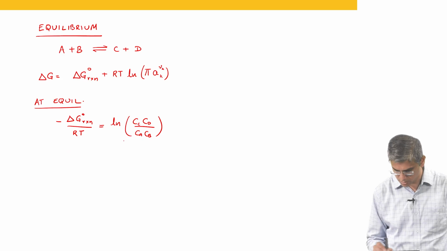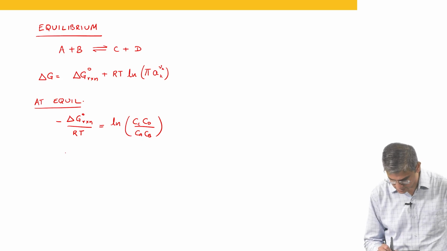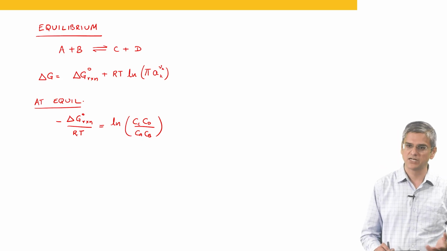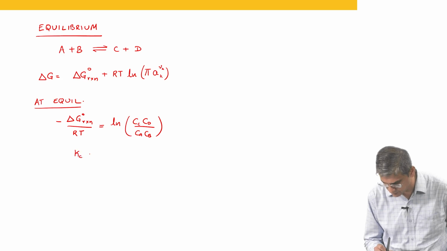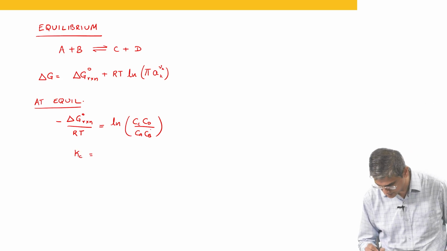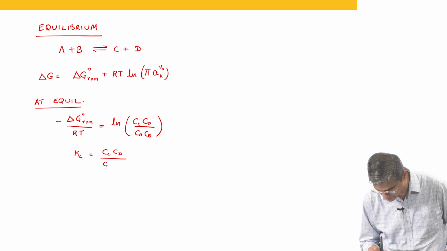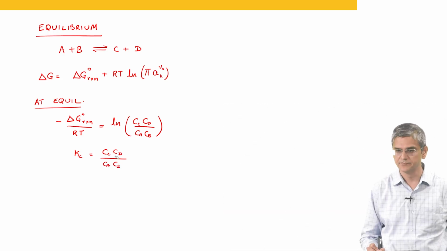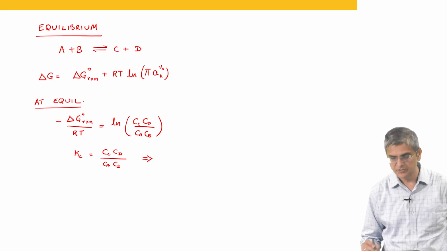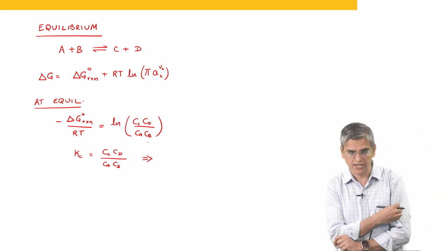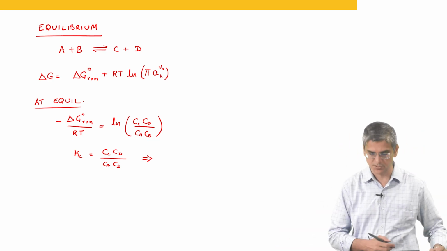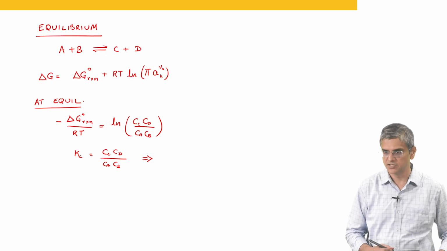Okay, or we can therefore write this as e to the power minus delta G by RT, which we are going to represent as Kc, which is going to be equal to Cc Cd divided by Ca Cb. Okay. We divide throughout by Kc and take the rest of the expression to the left hand side.